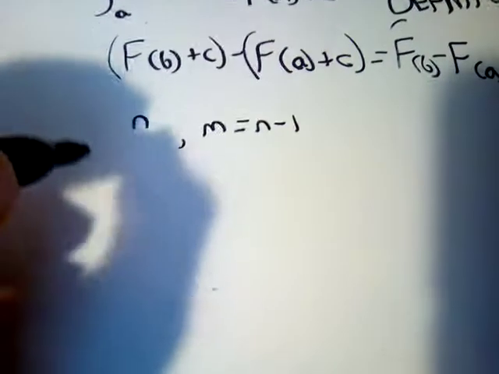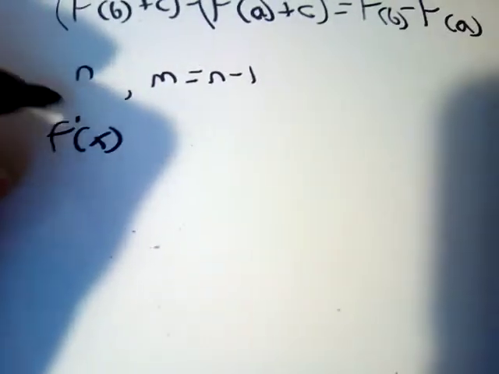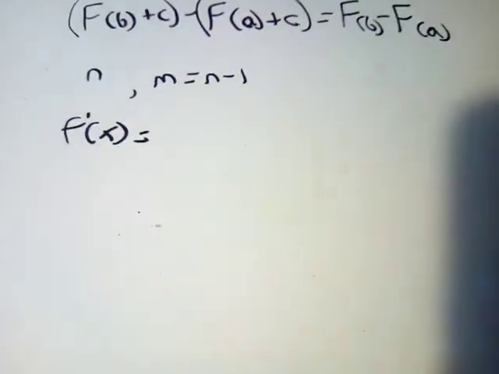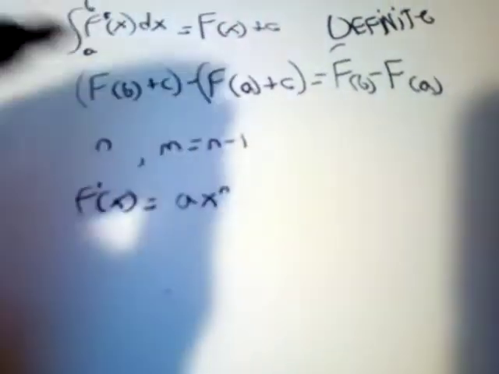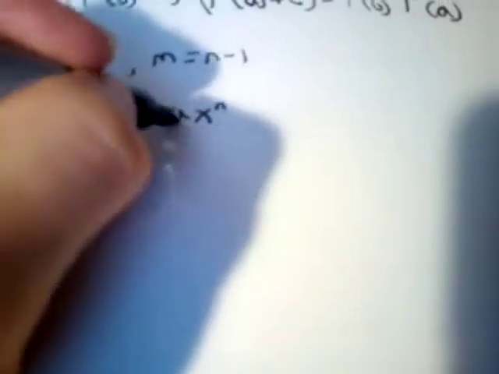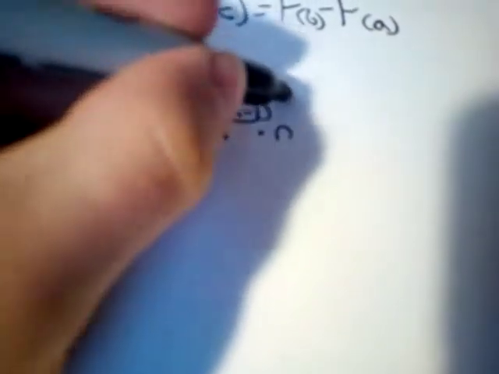So if we get a function f of x and we take its derivative, f dash of x, this was some thing ax^n. Its derivative is going to be a, because constants don't change, x to the n minus 1, and we times it by n, the original power. We bring that down. N minus 1, we can just call that m.